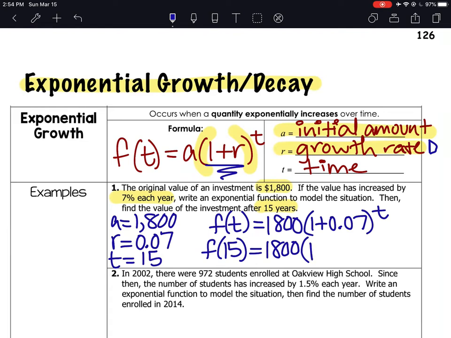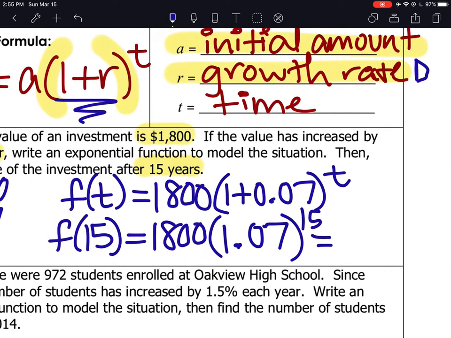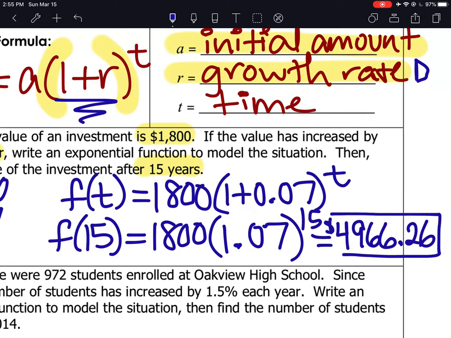And the inside of parentheses can be condensed into 1.07 to the 15th power. Now, if you do all the math, it should come out to approximately $4,966.26. And there you go. That is your answer.